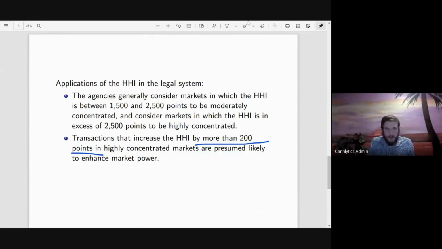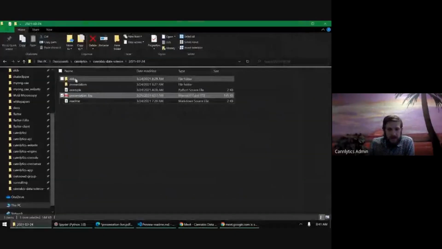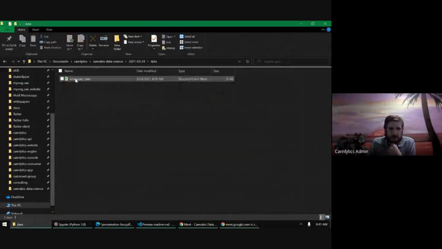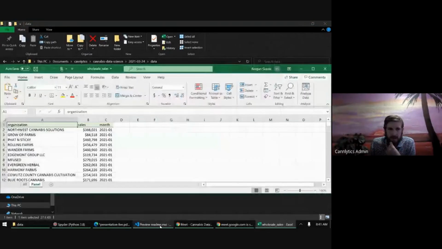So we're just going to jump into that with the data here. As always, the first step is to look at the data.